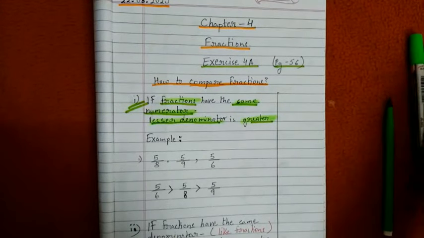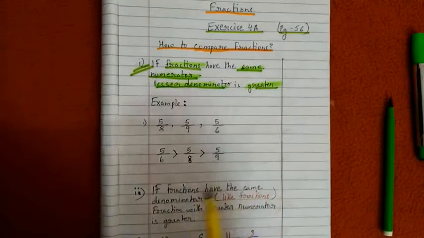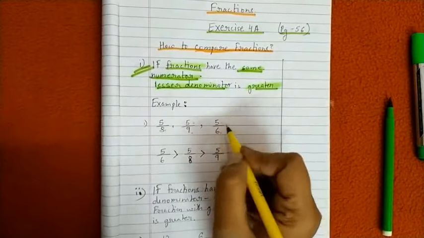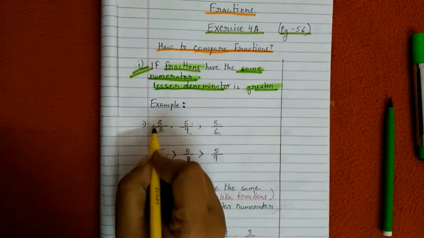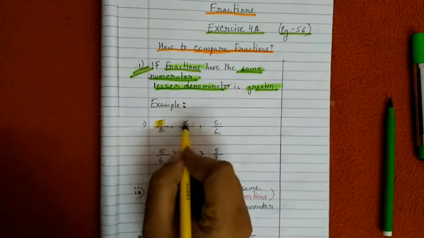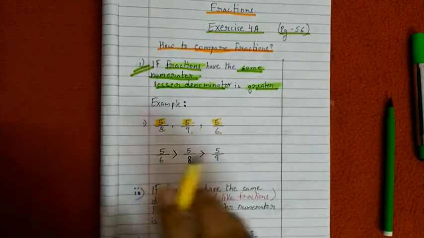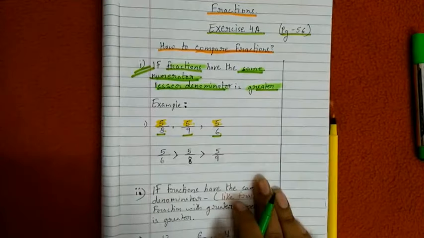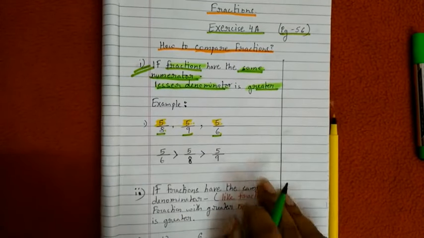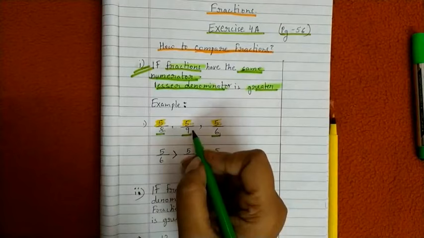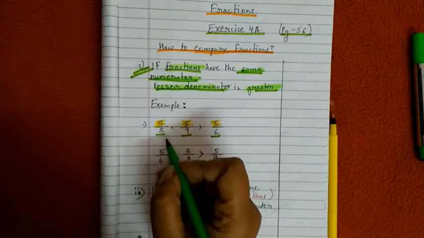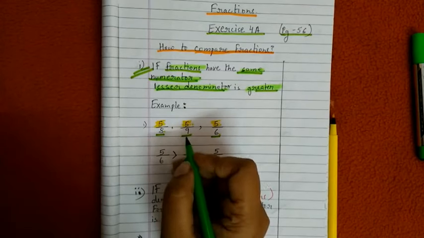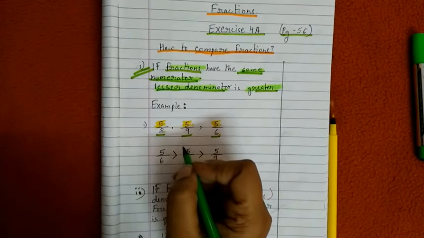See here, for example, children: 5 upon 8, 5 upon 9, 5 upon 6. In all these cases the numerator is the same, 5, 5, 5. But if you see the denominator, it is different. In this case, you have to find out which fraction has the smaller denominator.